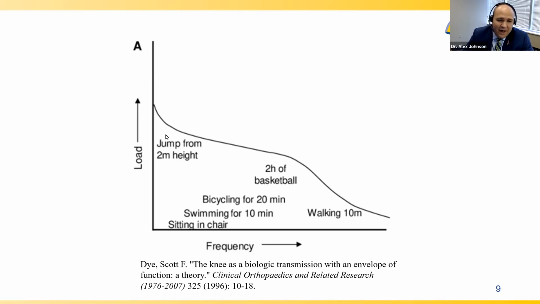But if you were to jump from a height for 10 minutes over and over and over again, that may exceed the envelope of function for your joint, and that just may be too much for your joint, and that's going to cause pain and disability. So this is the way we like to think about it: when you get outside of that envelope of function, that's when problems can occur.